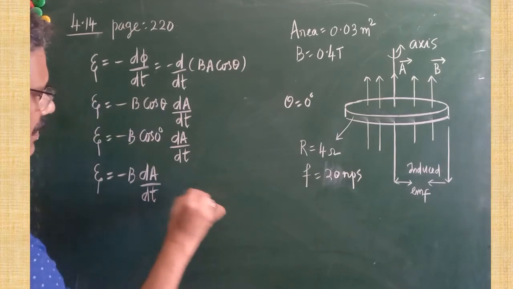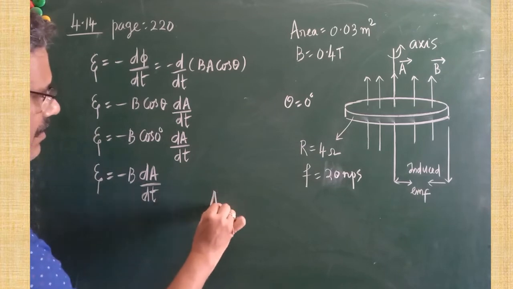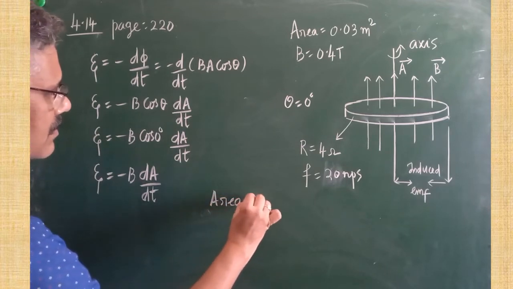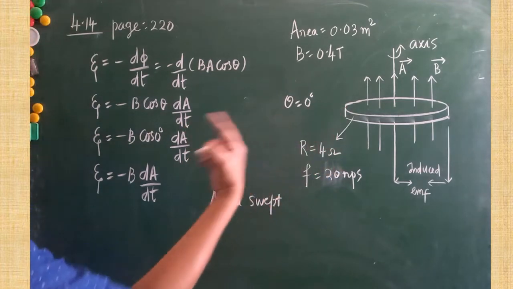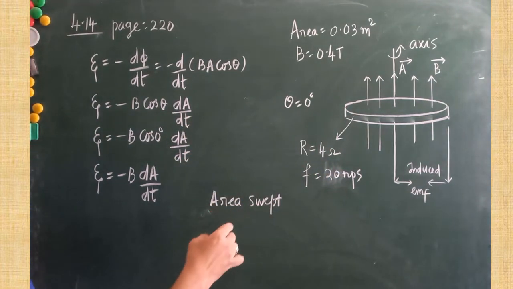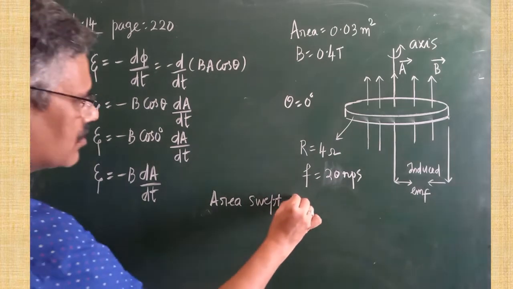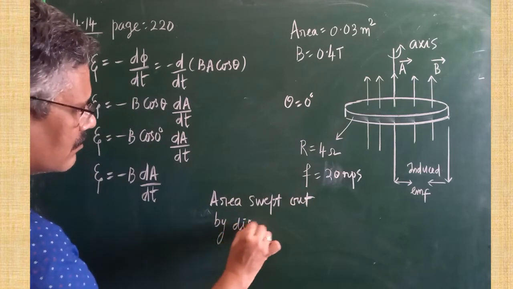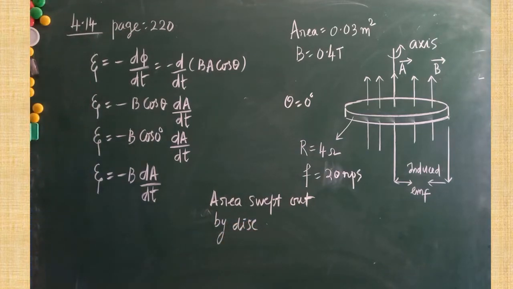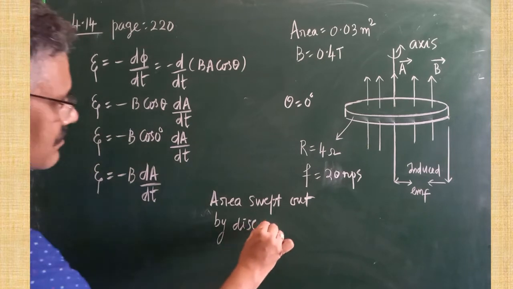When the disc moves in a rotatory path, how much area is swept out by the disc within the magnetic field in unit time?